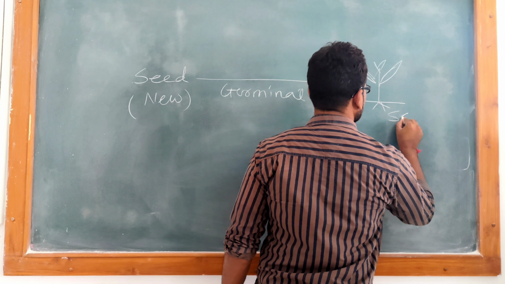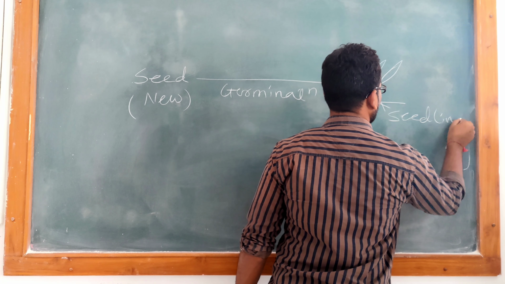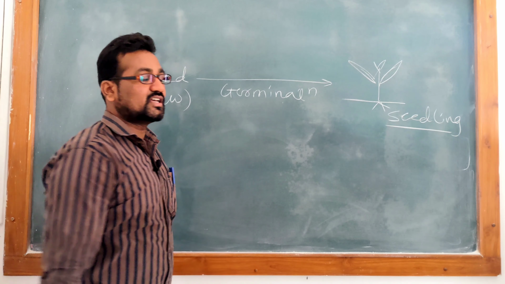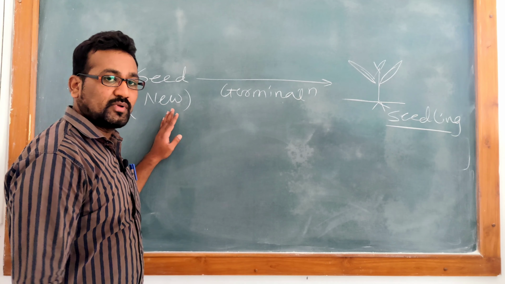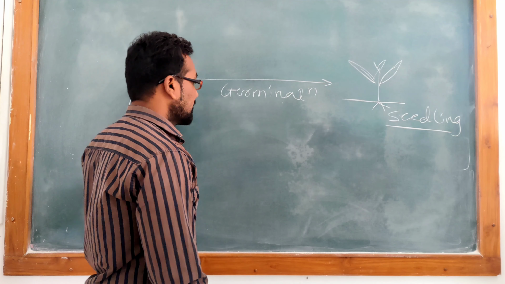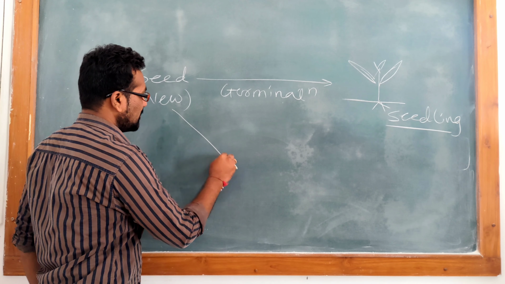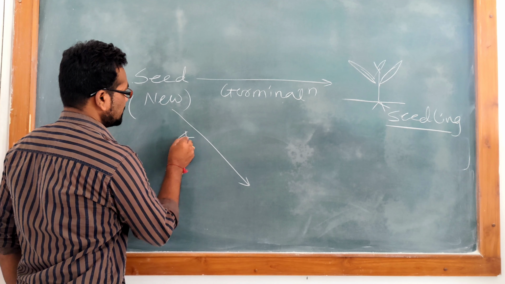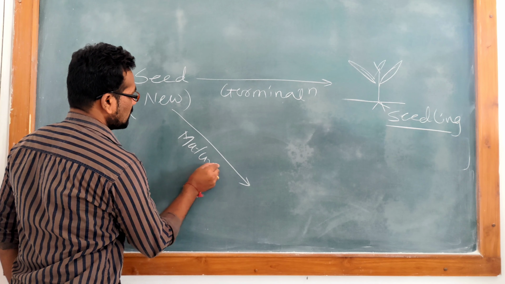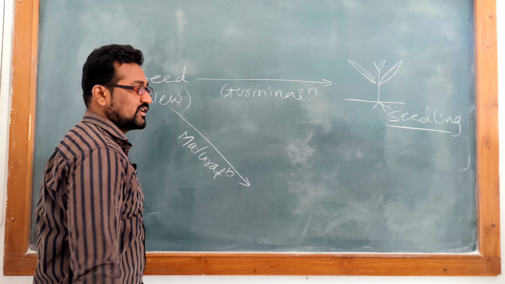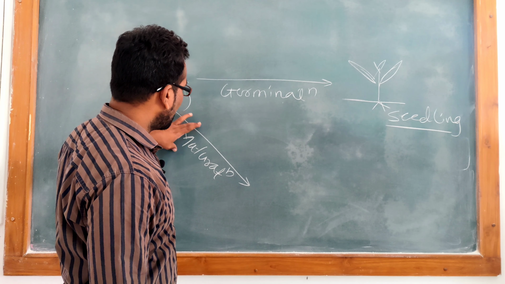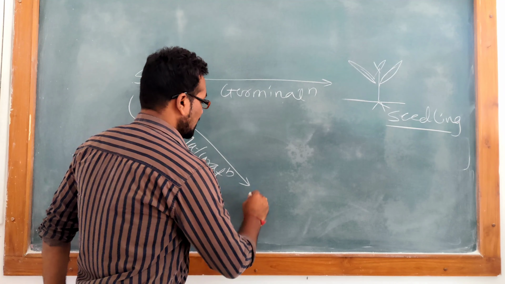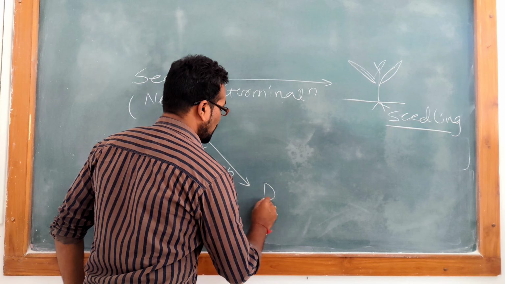These seedlings are the product of the germination process from a normal seed. But generally, these seeds undergo the process of maturation. Please listen carefully. If these seeds undergo maturation, they result in the formation of a dormant seed.